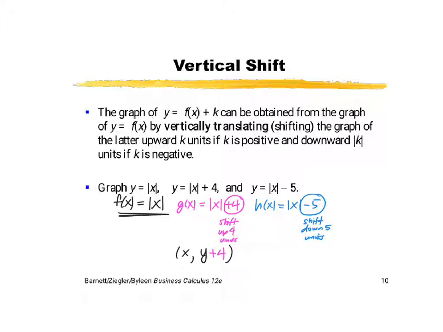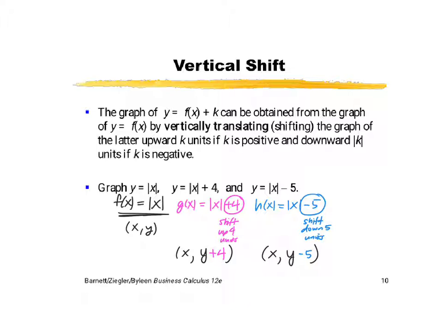Okay, so that's how I'll get all of my ordered pairs if I'm looking at it in terms of the coordinate points instead of the graph. Okay, for h of x, I'll have the same x, but since I'm taking the absolute value of x, which is my y, and subtracting 5, then I'll have my y minus 5. So I'll subtract 5 from all of my ordered pairs of my original (x, y) coordinates for f of x.